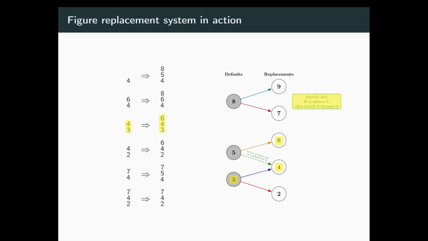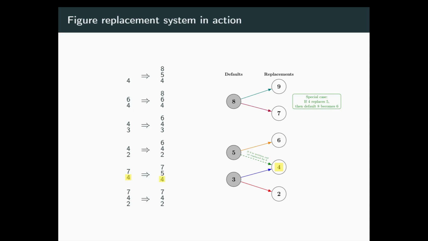So the 3 and 4 are given, and the missing number is a default 6, making 3, 4, 6. In the fourth example, the 2 replaces the default 3, and since the 3 slot is now filled, again the 4 now replaces 5, and the default 8 becomes an unwritten 6. So we have a complete figure of 2, 4, 6.